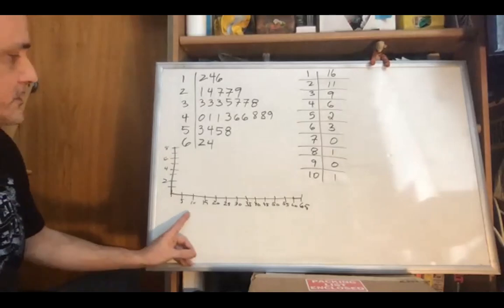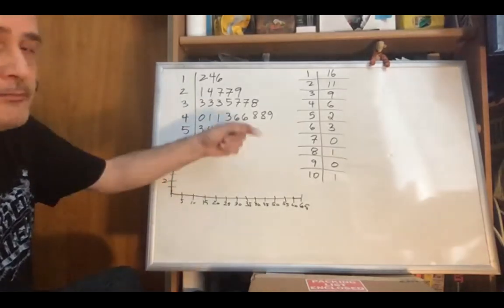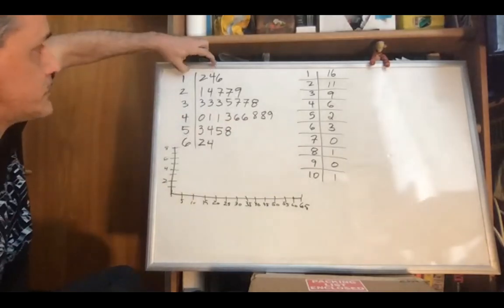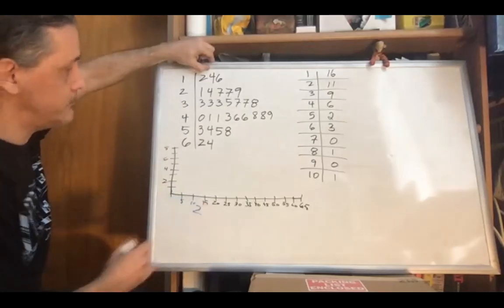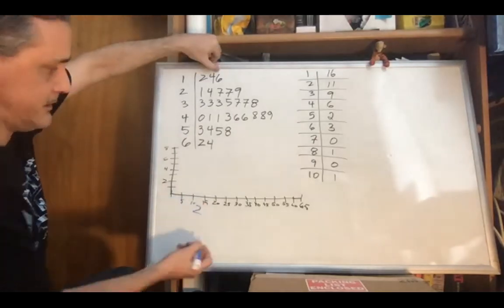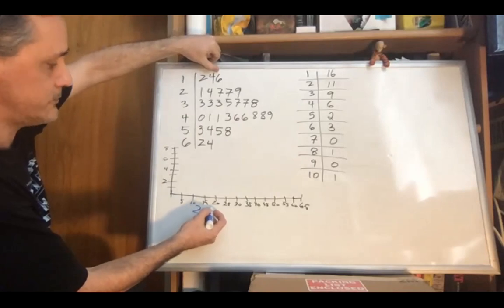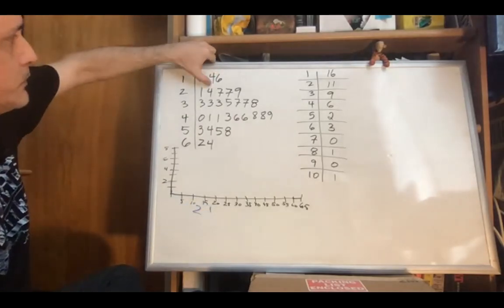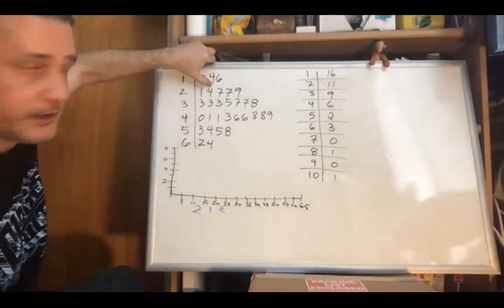All right, so then we just want to count how many numbers are going to occur in each of these intervals, and then that's how we make our bar graphs. So we're starting with 12 and 14. So in between 10 and 15, there's 2 numbers. And then 16. So in between 15 and 20, there's only 1 number. And then 21 and 24. So in between 20 and 25, there's 2 numbers.